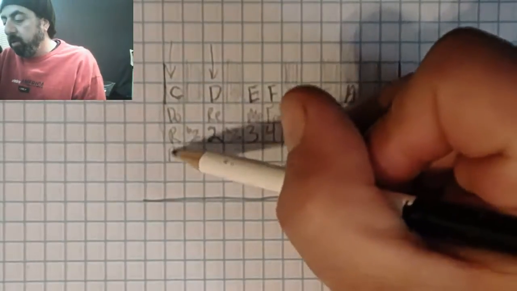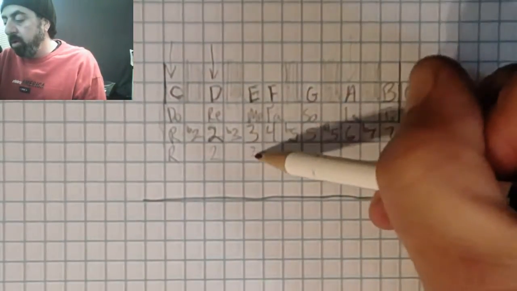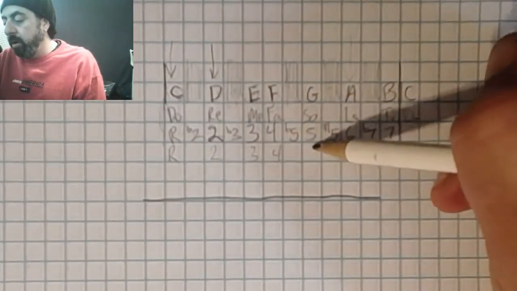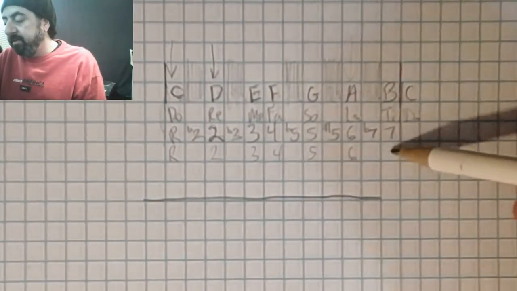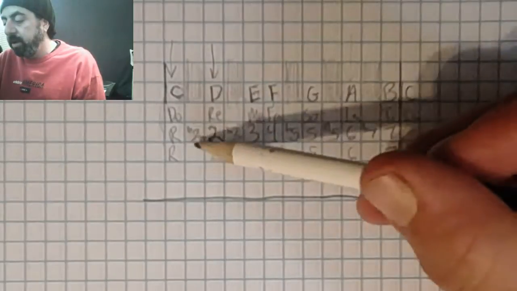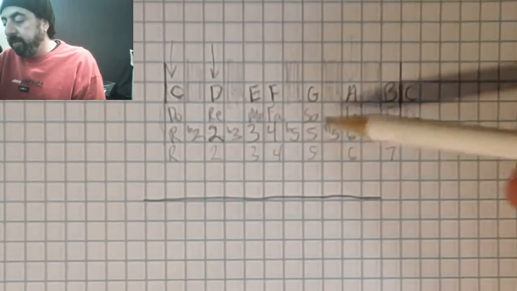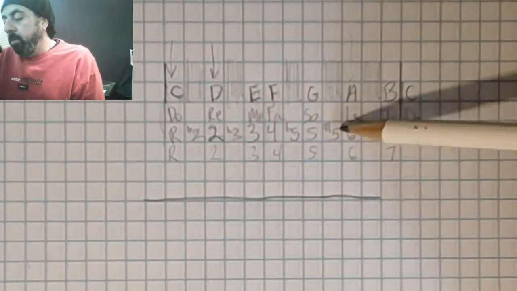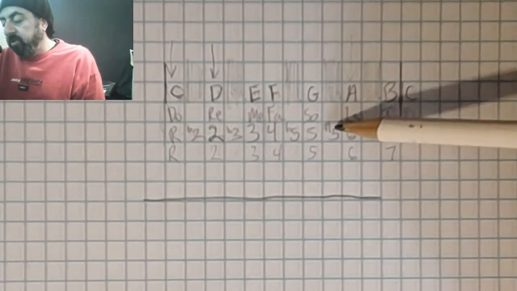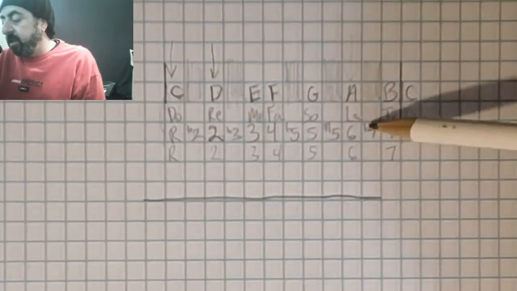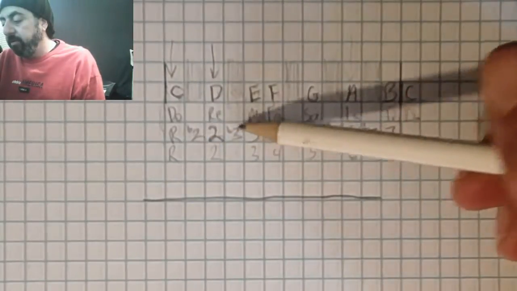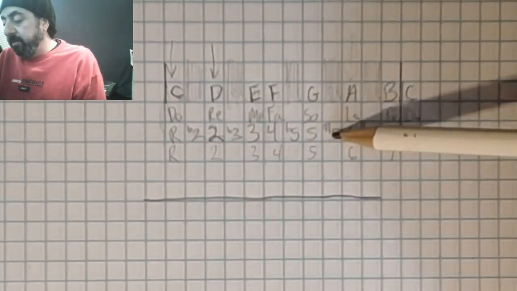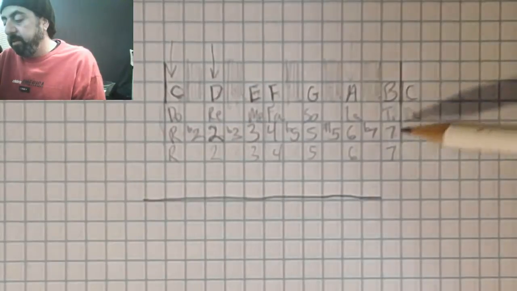You see the scale goes root, 2, 3, 4, 5, 6, 7. It doesn't use any of those funky flat, flat, flat, sharp, flat. You can even call, just to make it simple, to keep it all easy to understand as a beginner, you can say flat 2, flat 3, flat 5, flat 6, flat 7.